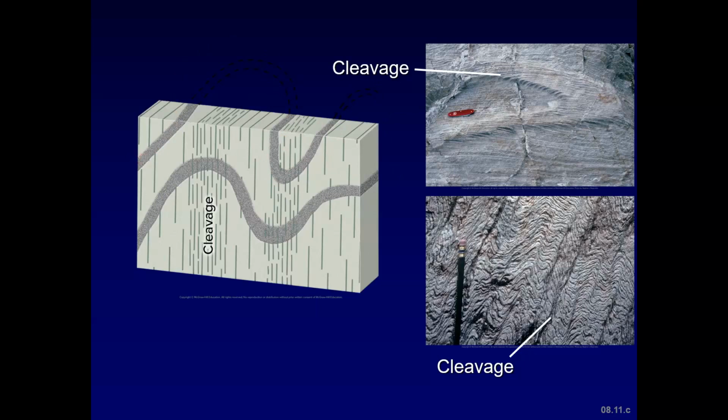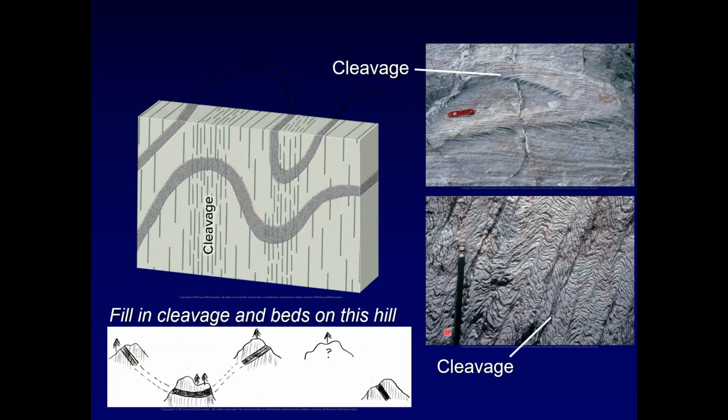All right, so let's see. Cleavage is at a lower angle, or it can even be parallel to the bedding in the limbs of a fold. These photographs show cleavage that is parallel to the axial surface of folds. If you like, you can fill in cleavage and beds on this fold. So we're connecting this fold.